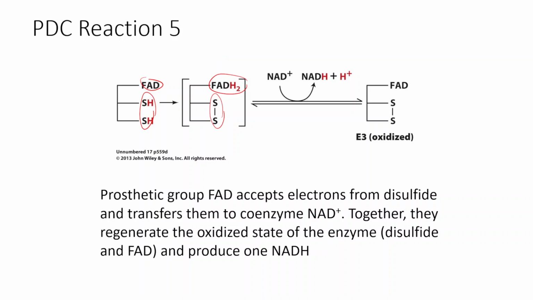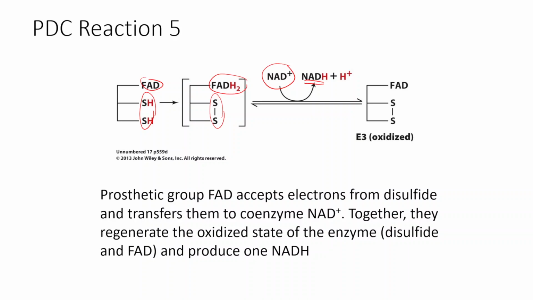At this point, all that's left to do is to return the FADH2 to its original oxidized state, and that happens with the help of another electron carrier that you may be familiar with, which is NAD+. NAD+ accepts those 2 electrons from FADH2, generating an NADH and a proton.